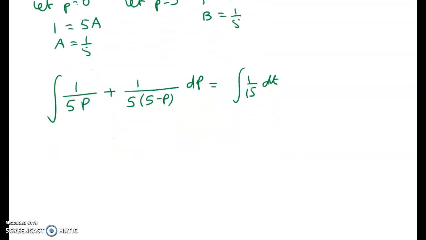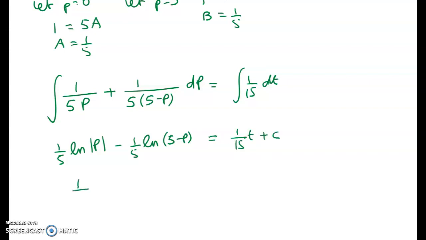So integrating that now gives me 1/5 times the natural log of P minus 1/5 times the natural log of (5 minus P), and that equals 1/15 t plus c. So here we've got 1/5 of the natural log of P over (5 minus P) is equal to 1/15 t plus c.